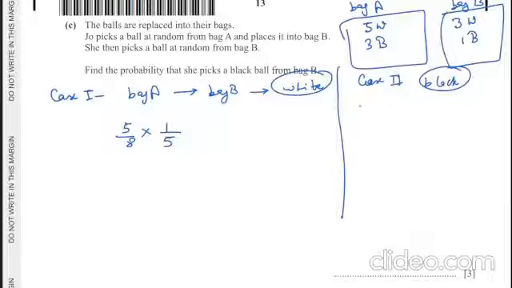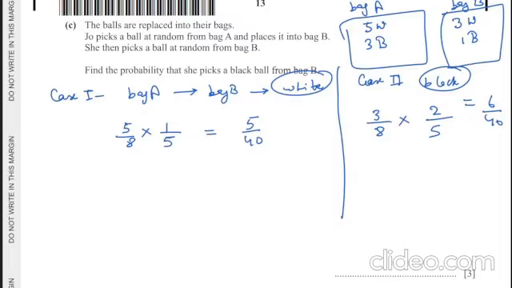And in case 2, in bag A you have picked up 1 black, so 3 by 8 times, now 2 black balls are there out of 5. So we can find this will be 5 by 40 and this will be 6 by 40. So these are the two cases.